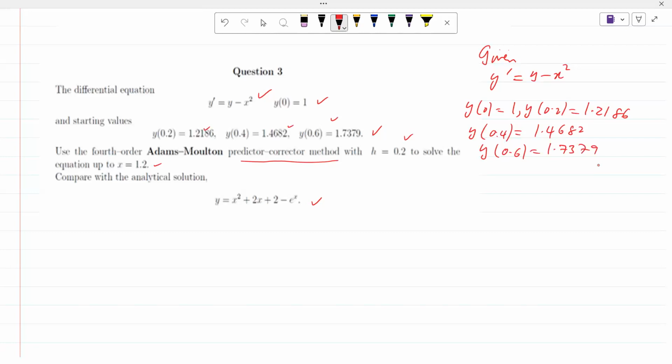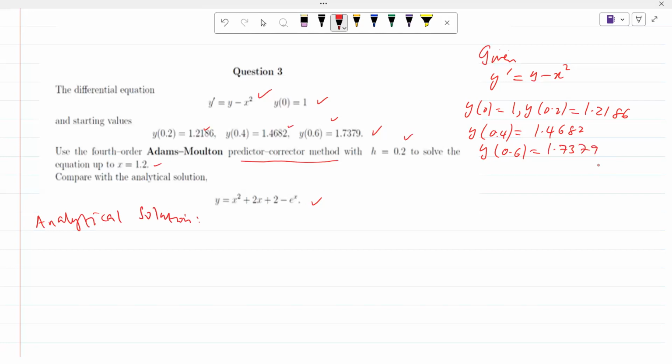Okay, so the analytical solution. What is the analytical solution?